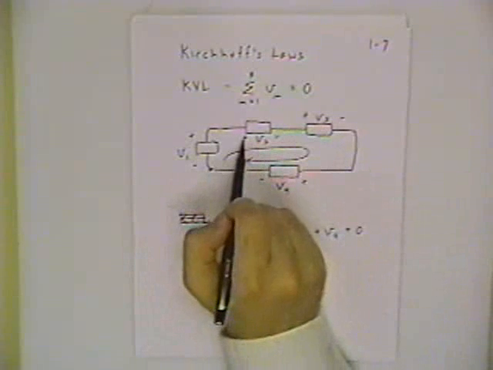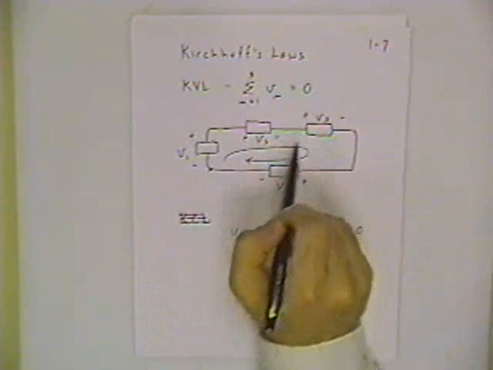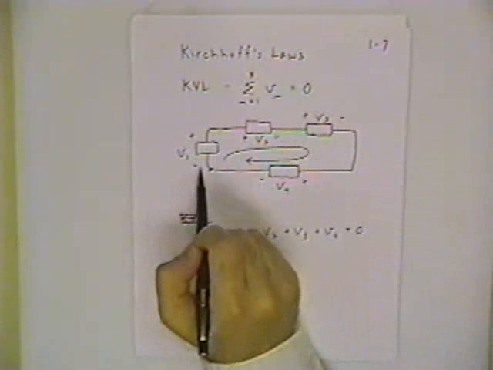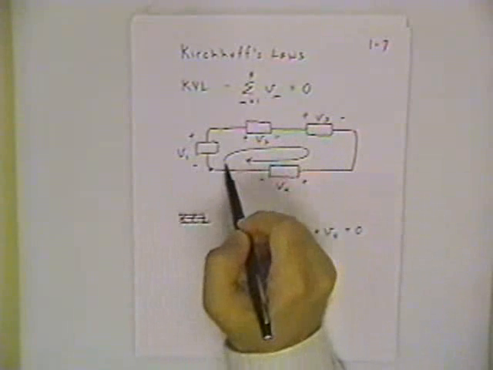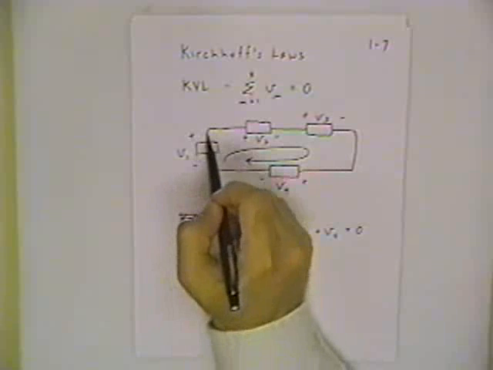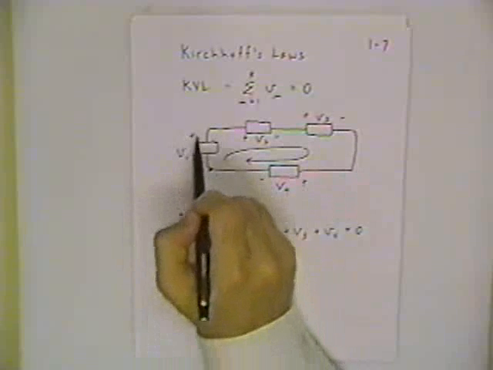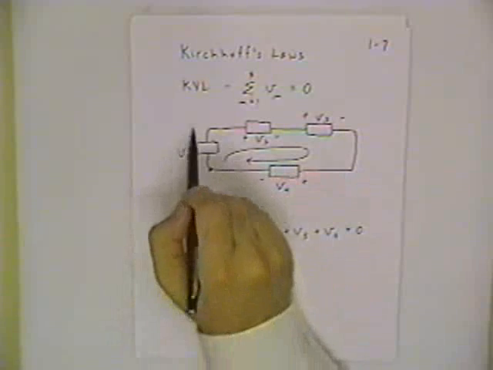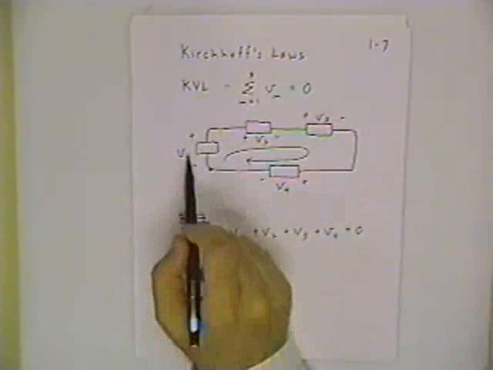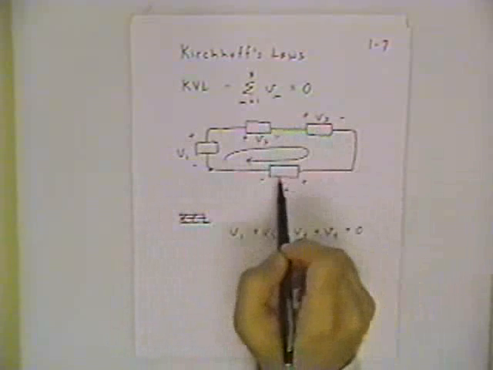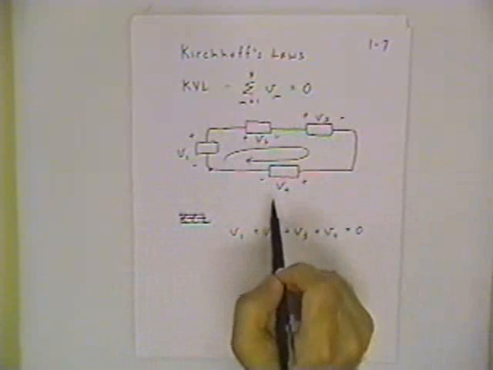I have to pay attention to the polarities. Every time I'm going through an element from lower to higher potential, then I must be increasing my energy, so I could call that a positive term and call all the rest of these negative terms.